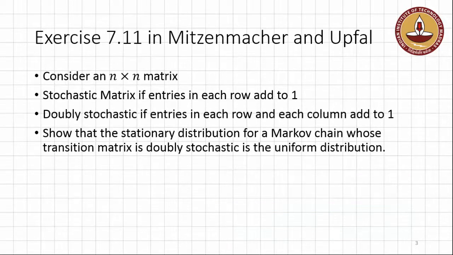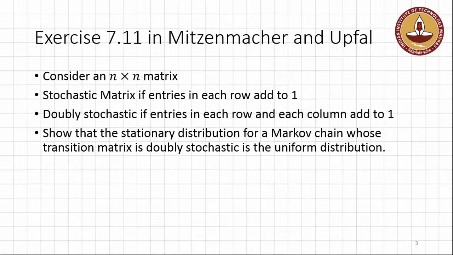Let's start with a few warm-up questions. Here's a question. Consider an n cross n matrix. We call such a matrix a stochastic matrix if the entries in each row add up to 1.